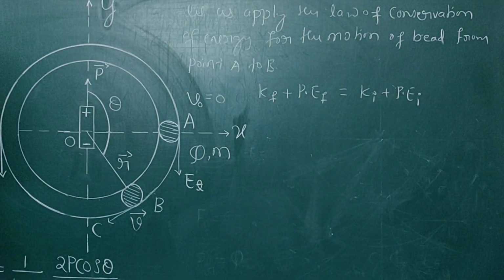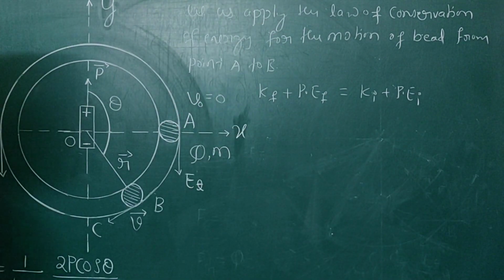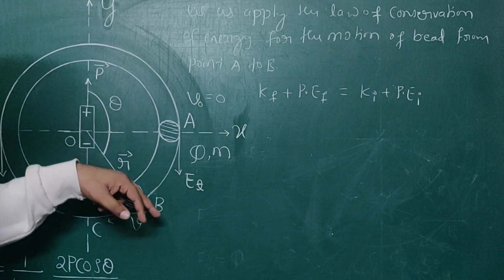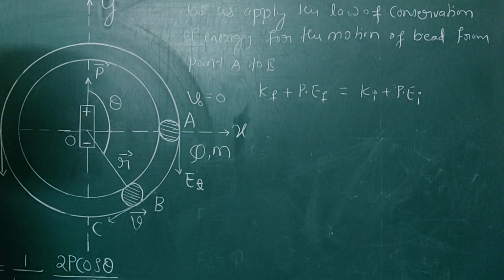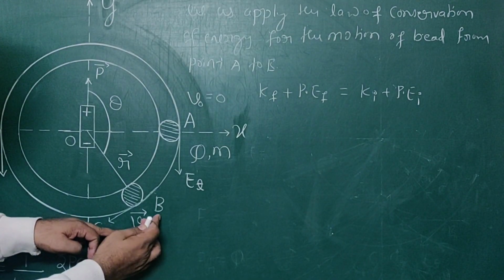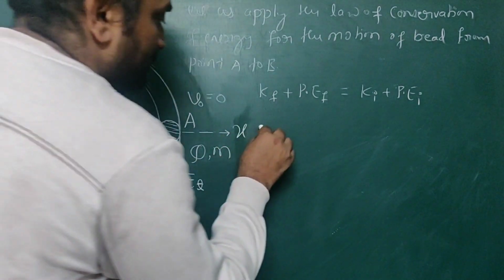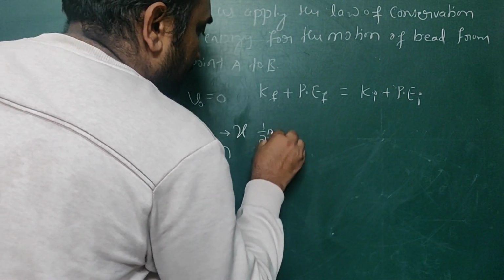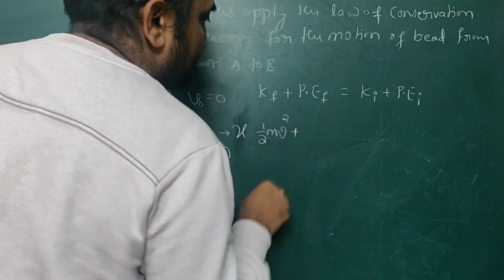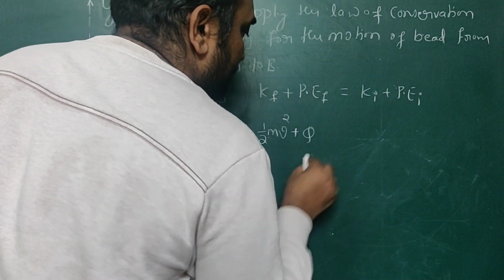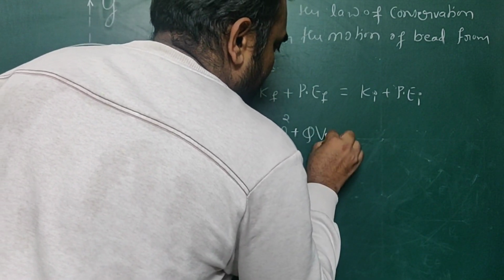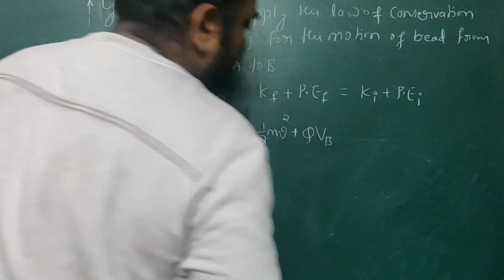So, as I have said, as the bead is moving under the conservative field, the sum of kinetic energy plus potential energy always remains constant. That is, as v is the velocity at point B, the kinetic energy at point B is given by half mv square, plus the potential energy, which is given by the product of the charge and the potential at point B.